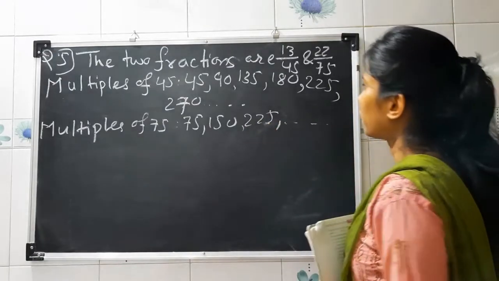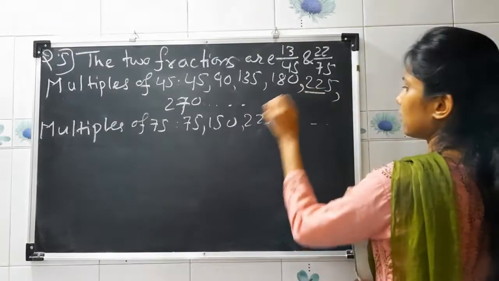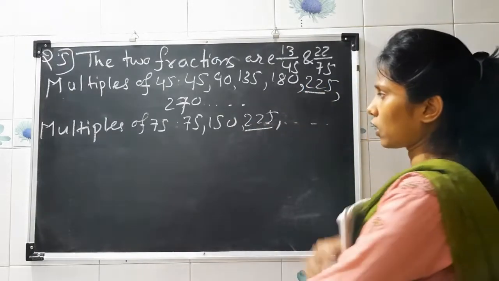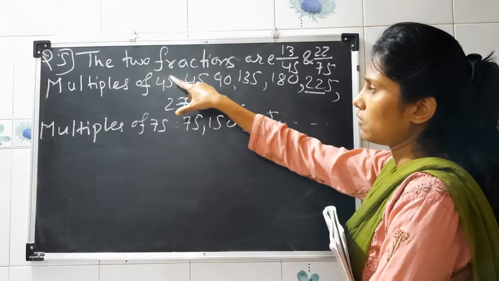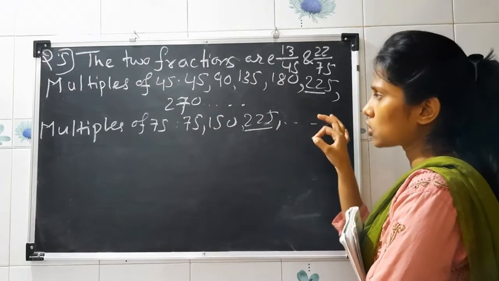Okay, so 225. So we need to find the lowest common multiple. So see here, 225 is the common multiple of both the numbers 45 and 75. So we will consider it as the lowest common multiple.